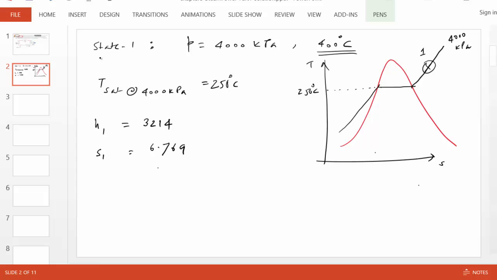So how do we figure out state 2? That's a little more complicated. State 2 is the turbine exhaust, and we know that pressure is much lower. Actually, pressure is given to us, 100 kPa.